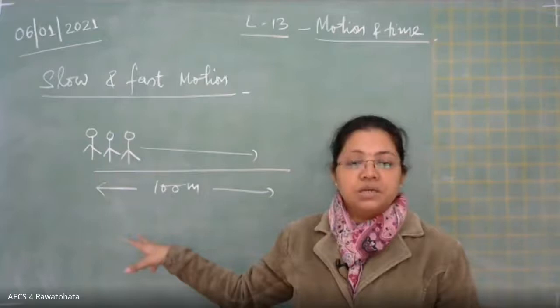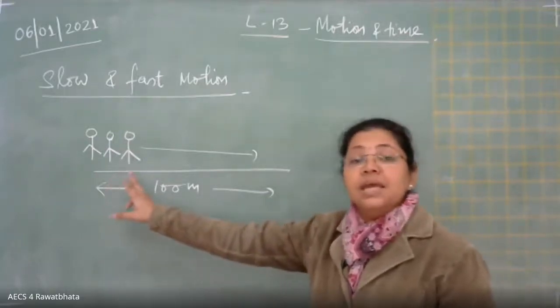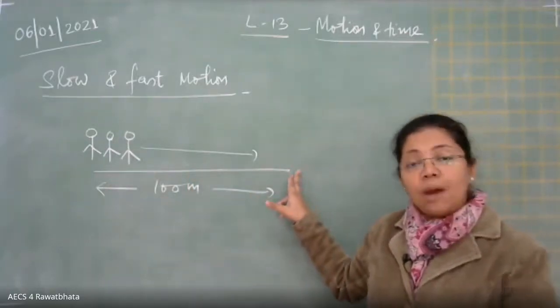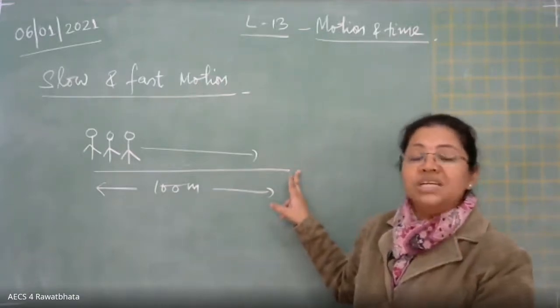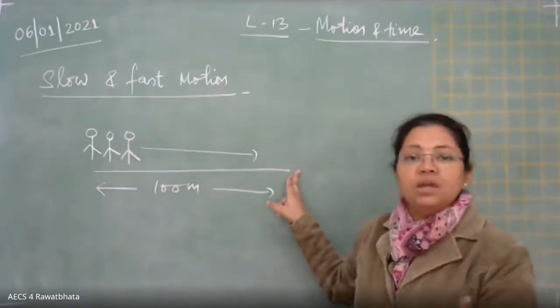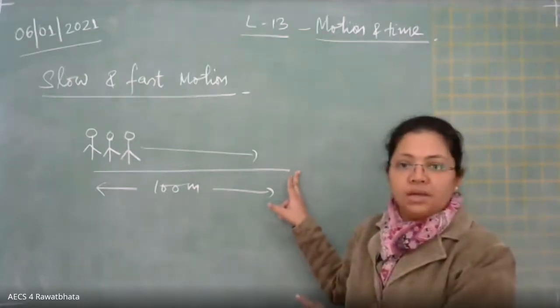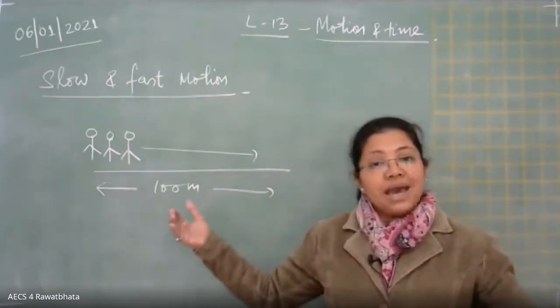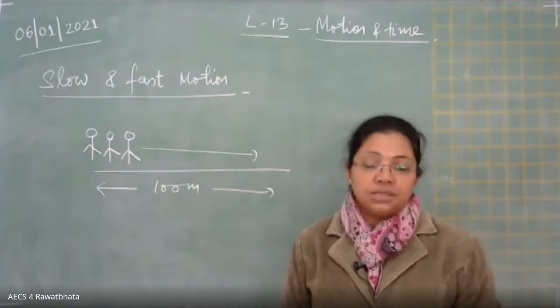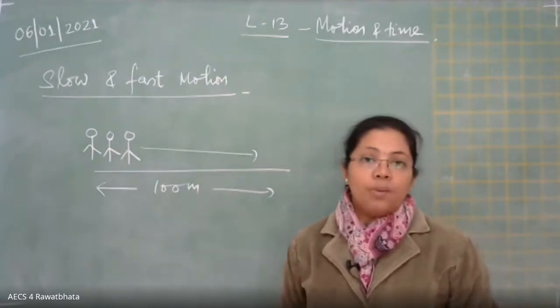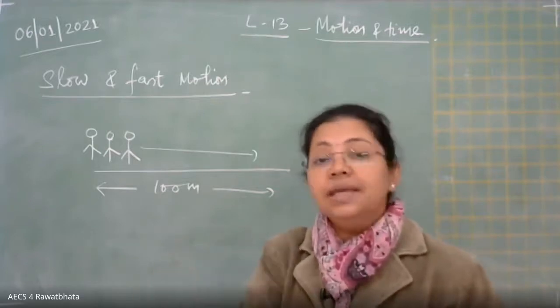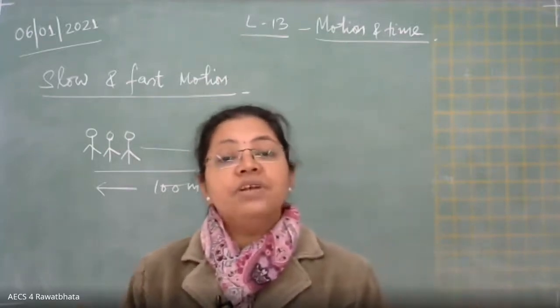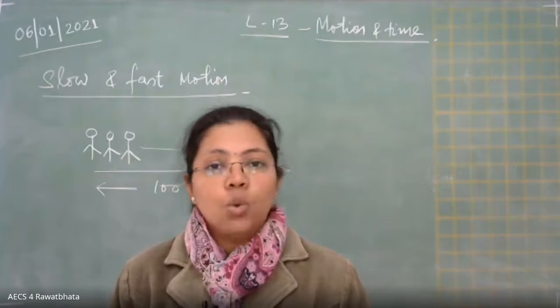When many objects or bodies move in the same direction, it is easier for us to guess which one is moving fast and which one is moving slow, right? But when the direction becomes opposite, then it becomes a problem to tell accurately which body is moving faster and which body is moving slower.